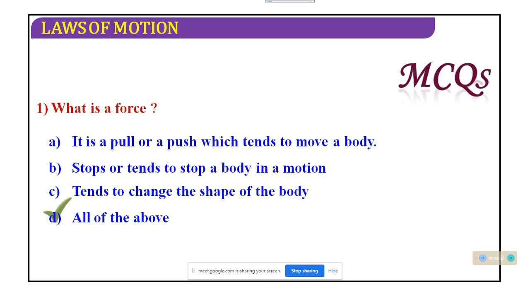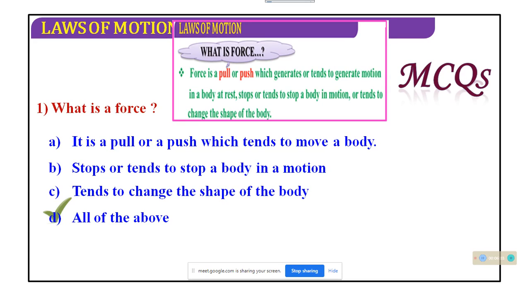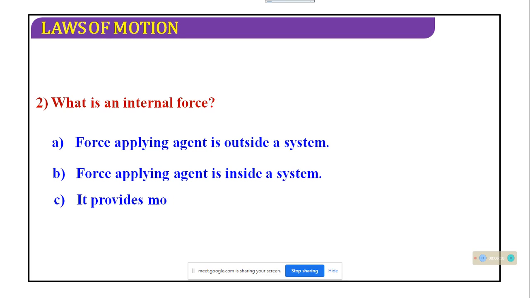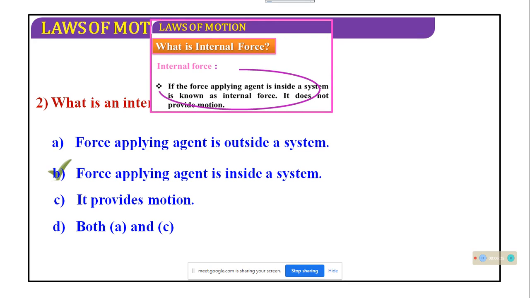It is a pull or push which tends to move a body at rest, or tends to stop a body in motion, or tends to change the shape of a body. What is internal force? Applied by an agent inside the system, it does not provide motion. Only option B. Internal force is inside the body, and it does not create motion.